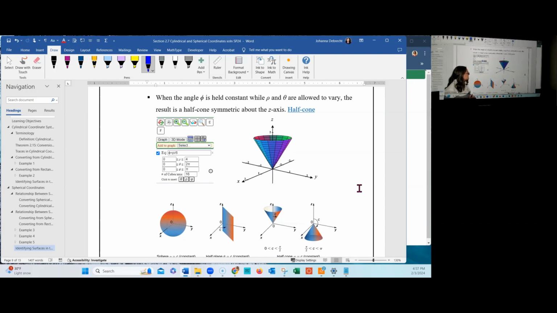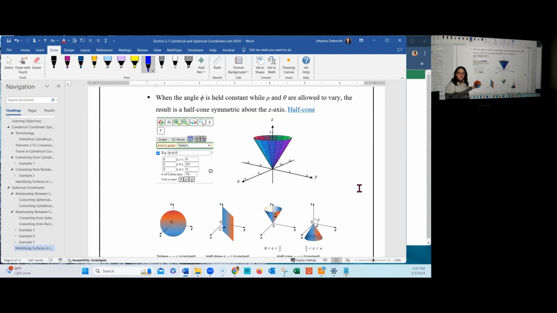How do you put this into CalcPlot 3D? Again, click on Select, choose Implicit Surface, delete the equation that's automatically supplied, select the symbol for phi from the bottom menu, and type in the constant that phi is equal to. You'll see down here the different shapes that we can get in the spherical coordinate system.